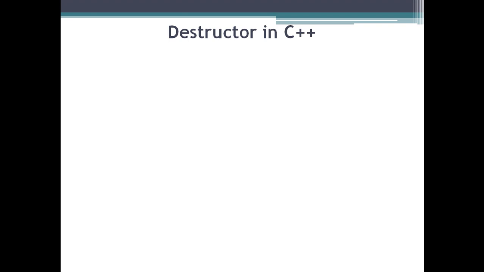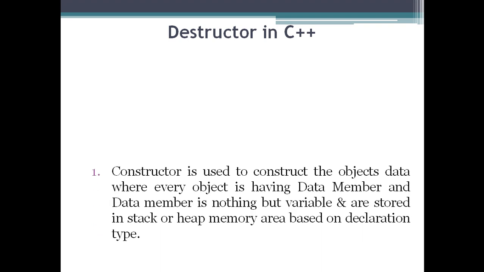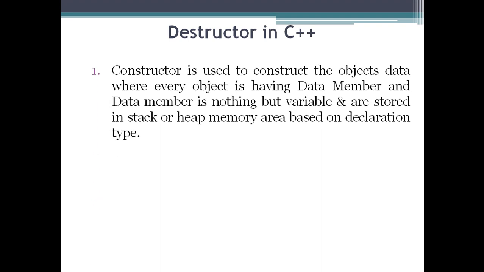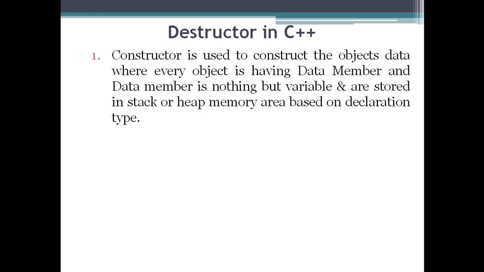Very important. Next we move on to what a destructor is. As I told, a destructor is used to delete or free up the memory space allocated by your constructor. To delete the memory occupied by the constructor, we use a concept called the destructor. A destructor is also a special member function, right?